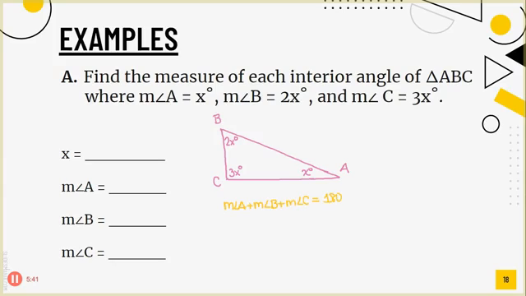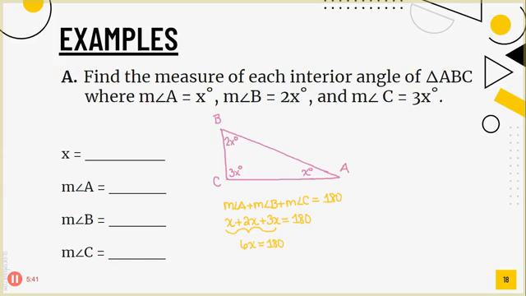So X plus 2X plus 3X should equal 180 degrees. We're going to combine like terms: 1 plus 2 plus 3 would give me 6X equals 180.